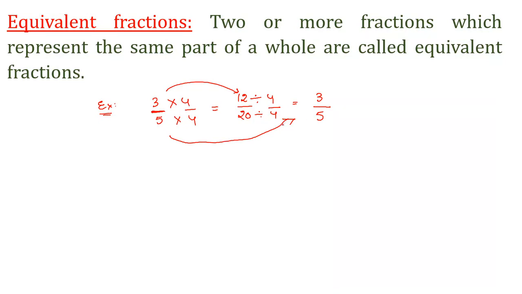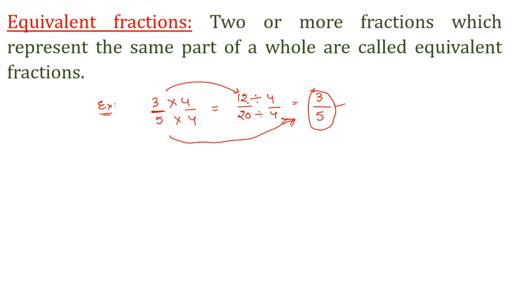What is meant by standard form? Which is in the short form. Can you divide again 3 and 5 with any common factor? You cannot divide this 3 and 5 with any common factor. There is no common factor for both numerator and denominator. So this type of fractions are called standard form fractions. Okay.